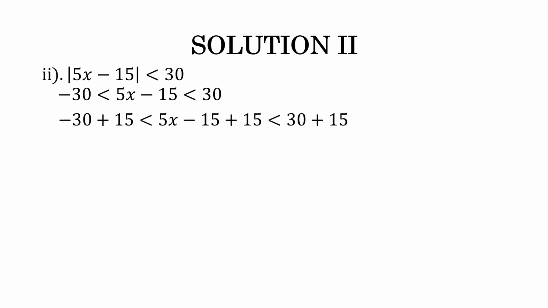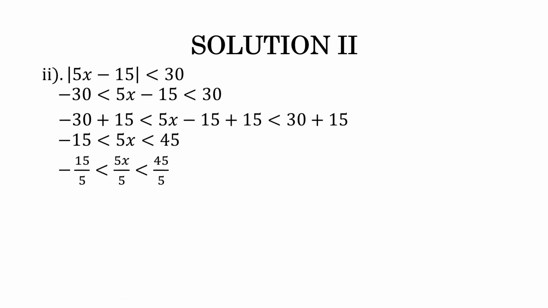So we will solve it. Add 15 to all sides of the inequality. Someone can separate it into two so that you solve it individually, but you can do it together like this. When you add 15 to all three sides, you get negative 15 is less than 5x, which is also less than 45.